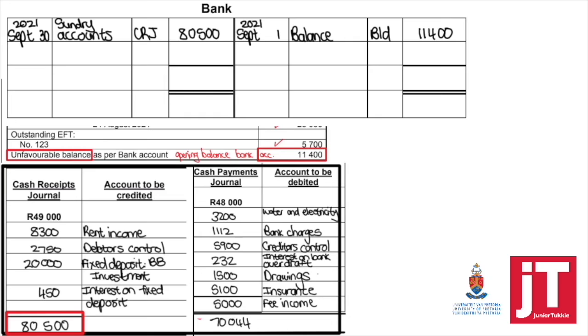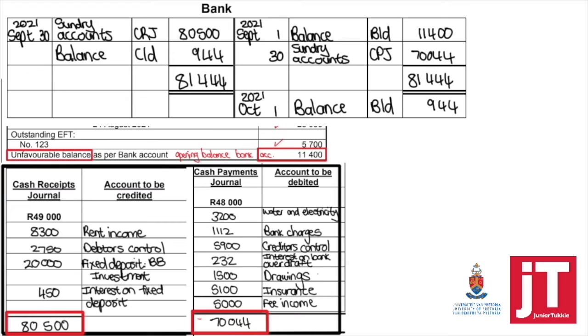Again, make sure you take your total that you've calculated in the cash payment journal. On the credit side, sundry accounts or total payments from the CPJ, 70,044. Once we've taken the updated totals to the bank account, we can calculate our new bank account balance. The credit side minus the debit side means we now have an unfavorable balance of 944.